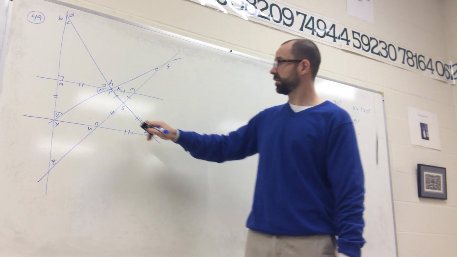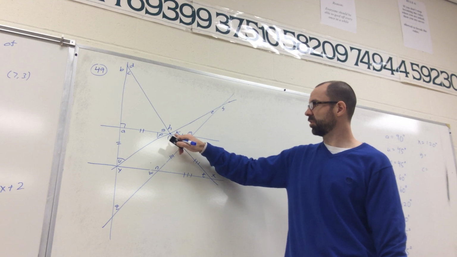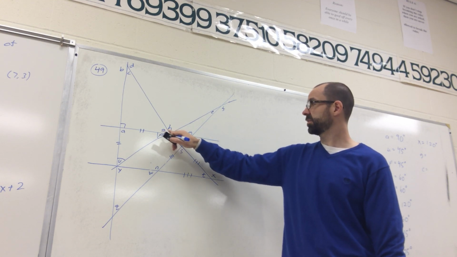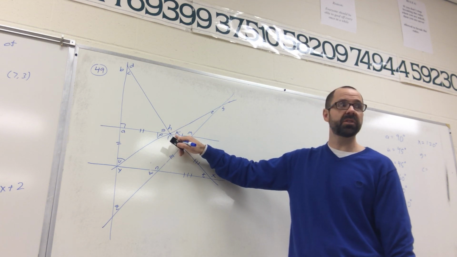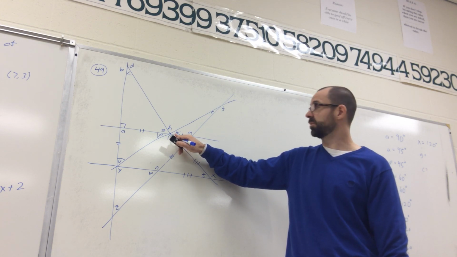G is over here. It's vertical with that one. So it's 60. Make sure you stop me if you get lost. So G is 60.